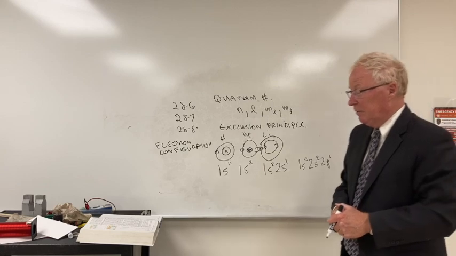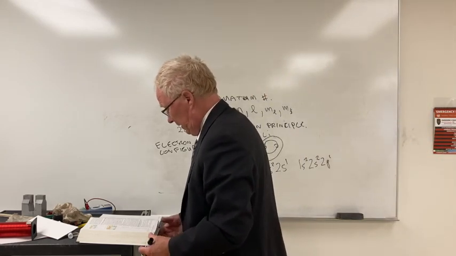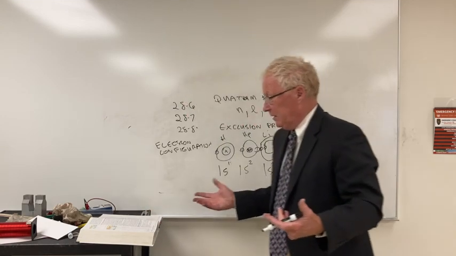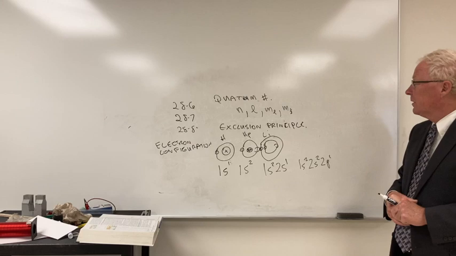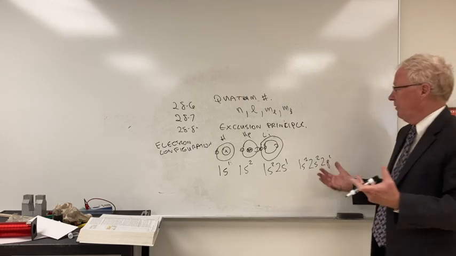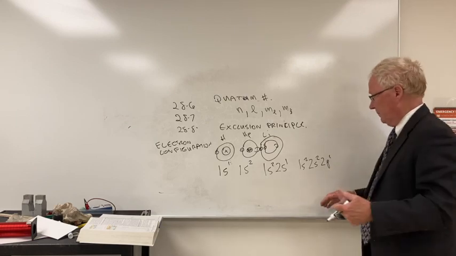All right, and that is chapter 28. So this is how the periodic table is developed and why it exists as it is.